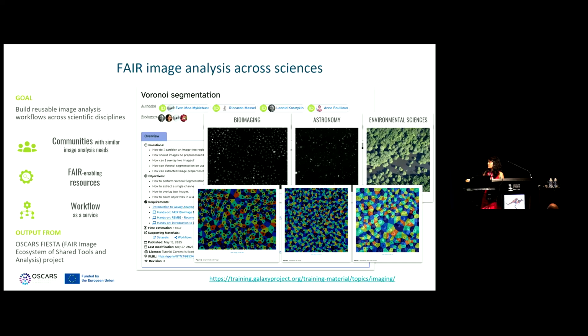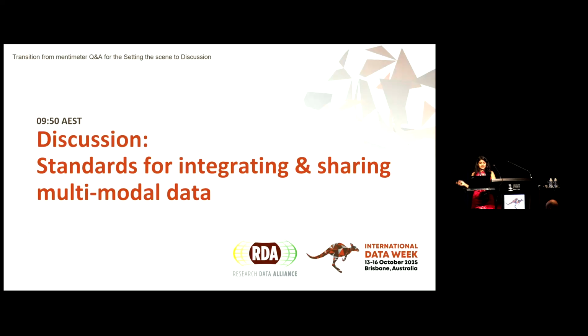So we did what's called a Voronoi segmentation to allow us to count cells, galaxies, or trees, right? If we have this sort of a place where we can combine all these data, we can take advantage of methods that might be developed in one community and see how far we get with it. With that, I'm going to stop and hand it back to Wolmar.